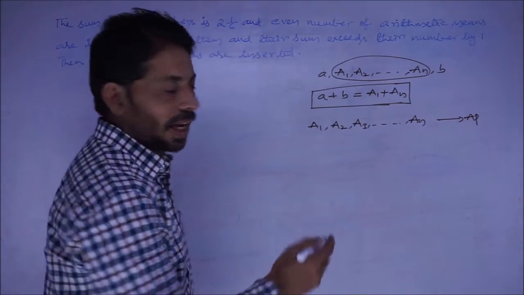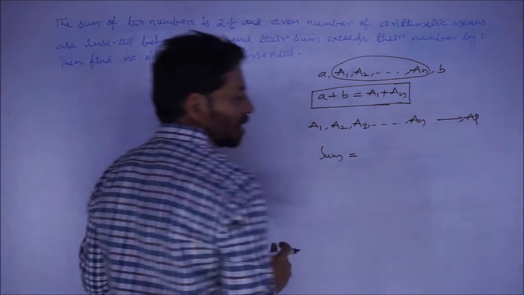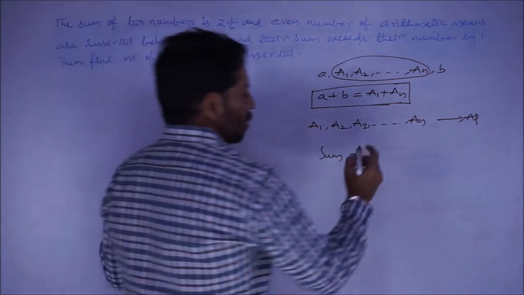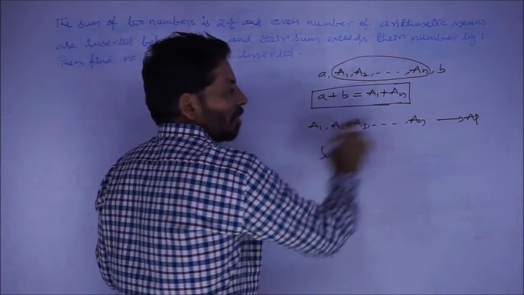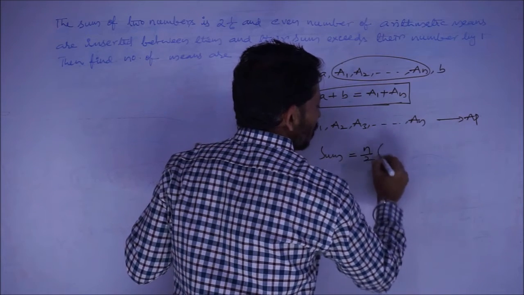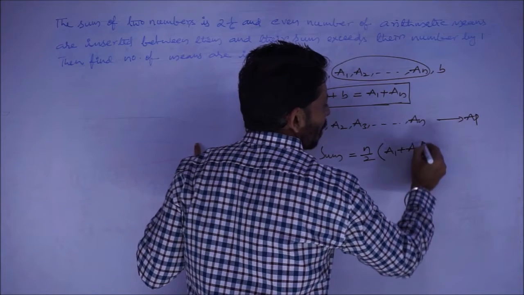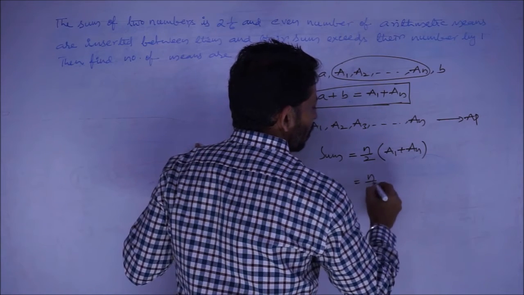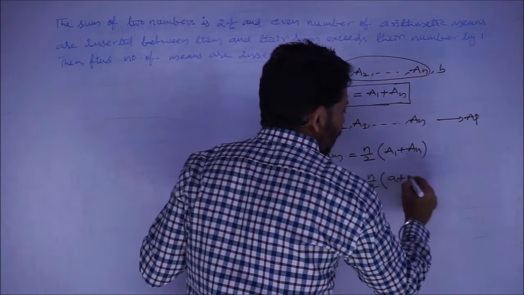Sum of n AMs equals n by 2 into the first term plus the last term, that is A1 plus An, which equals A plus B.